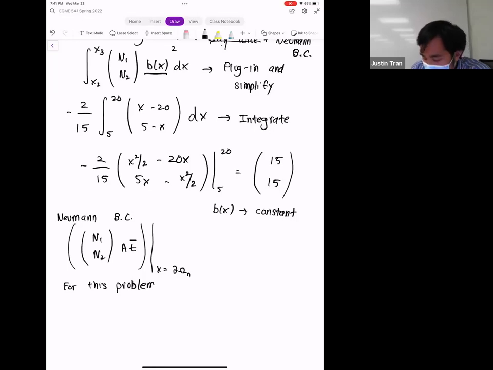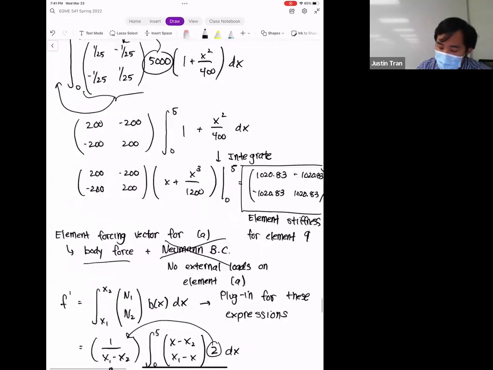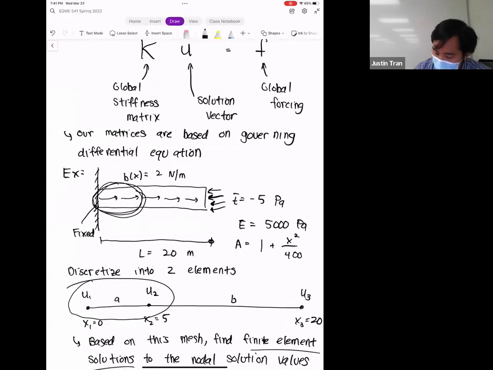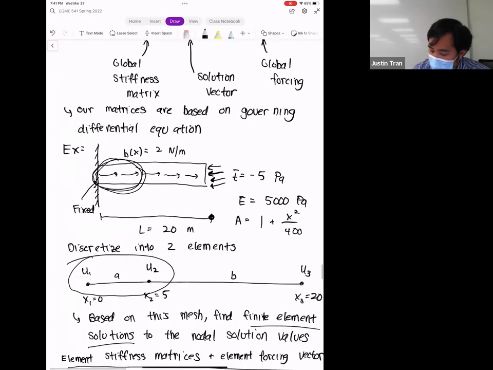And so it would help us if we knew where the Neumann boundary was, or what the coordinate was. For this problem, the Neumann boundary is at the very end of the domain, at the far right side. If you scroll back up here, the Neumann boundary is on the very right side. And so what we can say is that the Neumann boundary occurs when x is equal to 20.